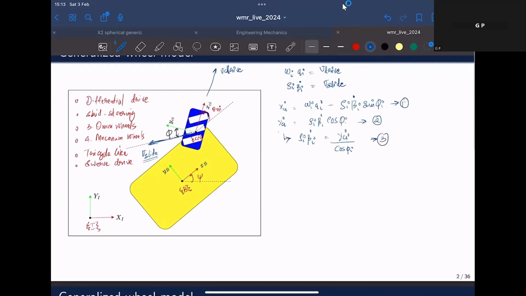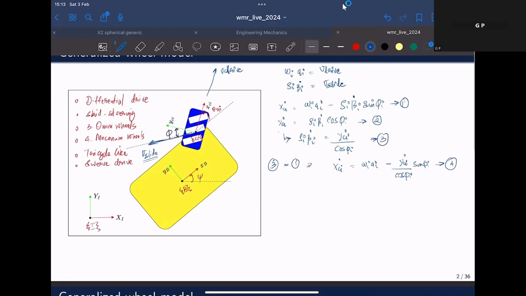Substituting equation 3 into 1 would yield XCI dot equals omega I AI minus, instead of rho I beta I dot, YCI dot by cos phi I, times sin phi I. I label this as equation 4.